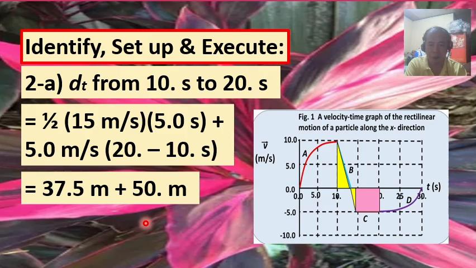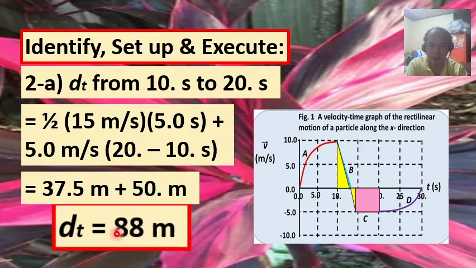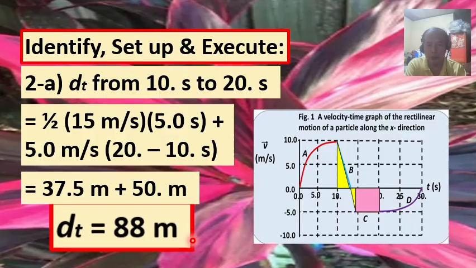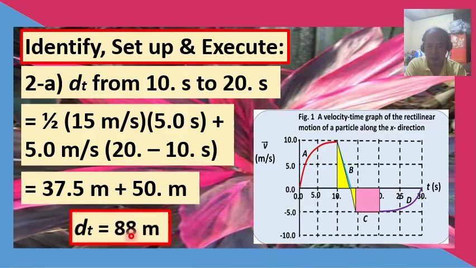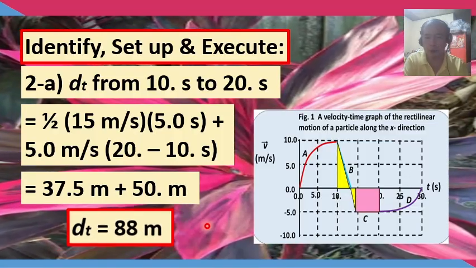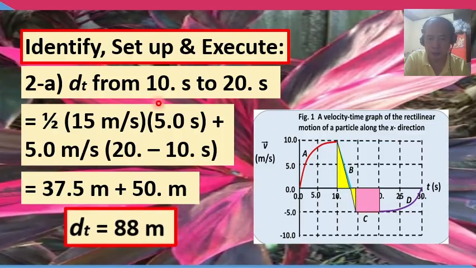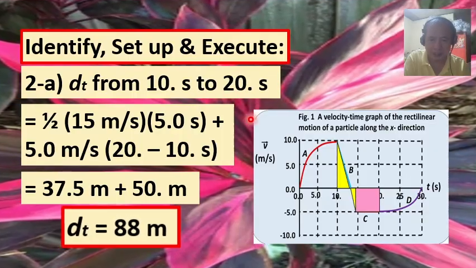So these two areas, when added, will give us the total area, 88 meters in two significant figures. So this total area represents the total distance covered by the particle between 10.0 seconds and 20.0 seconds.